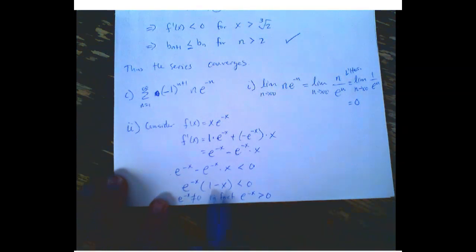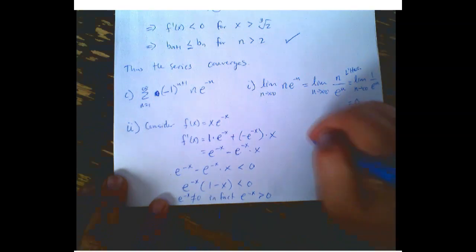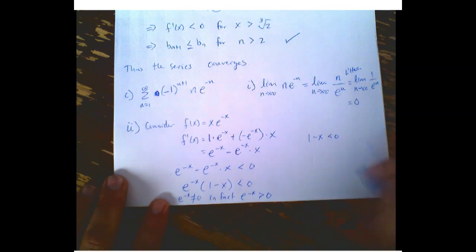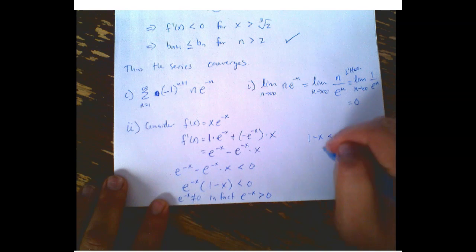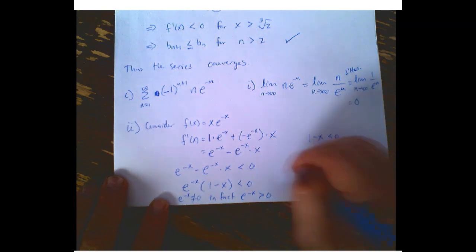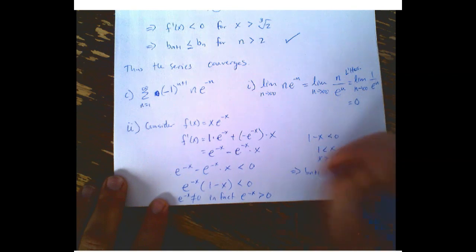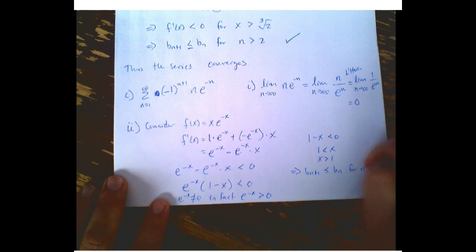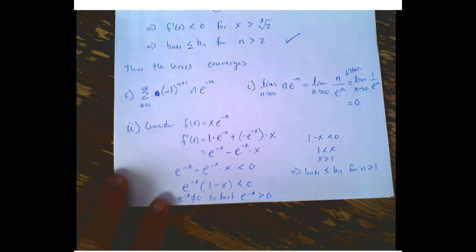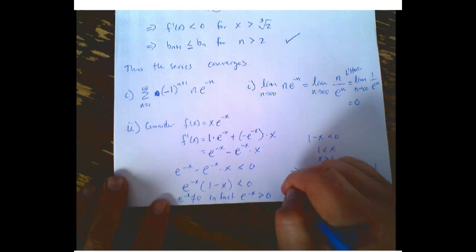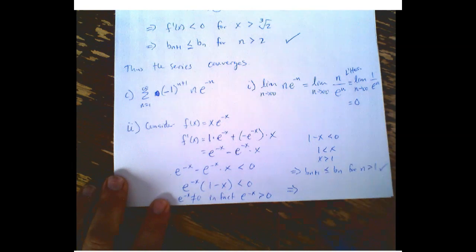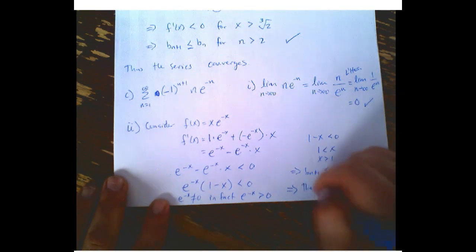So all we need to do is figure out where this guy is negative. 1 minus x is less than 0 when x is greater than 1. This implies Bn plus 1 is less than or equal to Bn for n greater than 1. This is true. Therefore, the series converges.